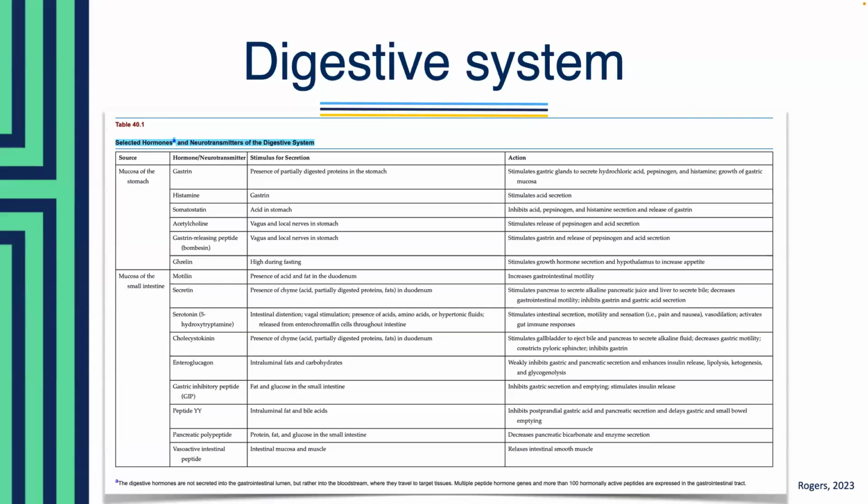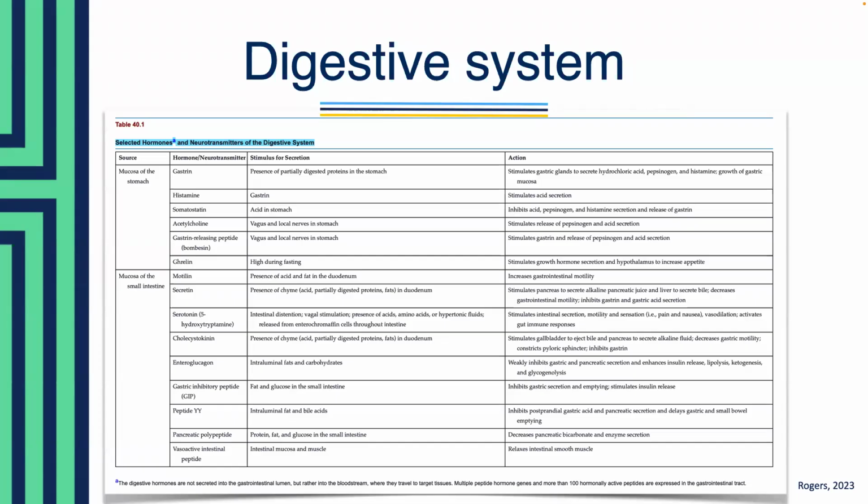Another to look at is secretin. Secretin's source is the mucosa of the small intestine, and the stimulus for secretion is the presence of chyme, that acid with partially digested proteins and fats in the duodenum. This action stimulates the pancreas to secrete alkaline pancreatic juice and the liver to secrete bile.